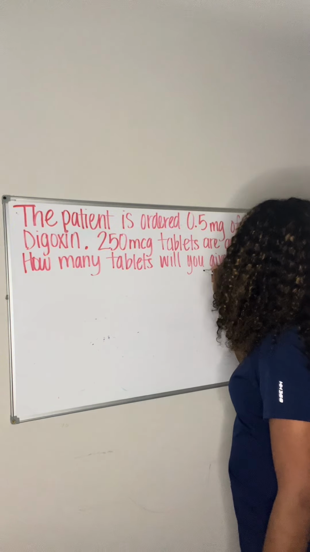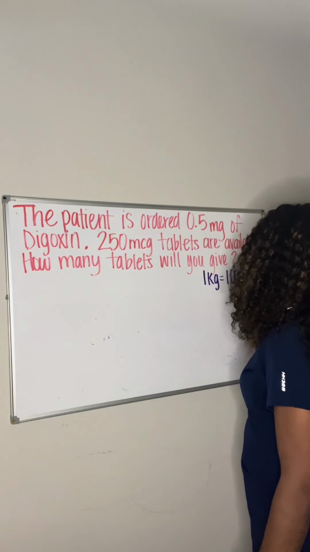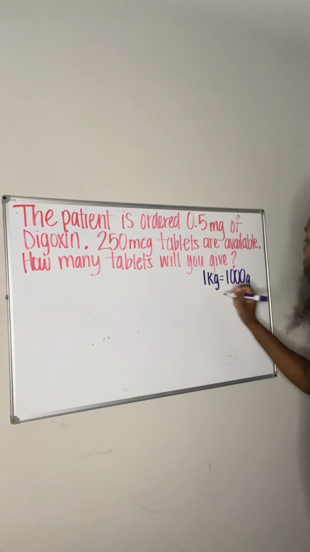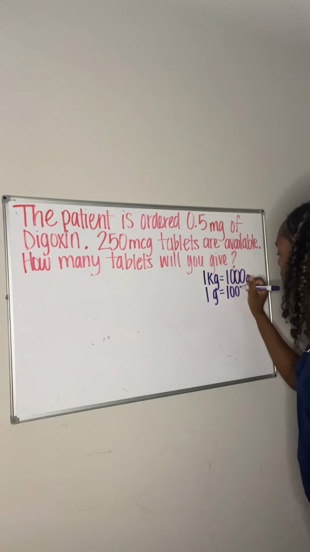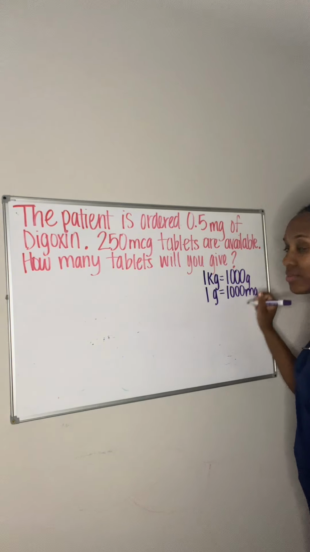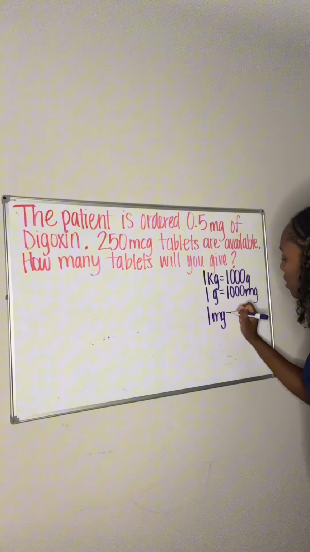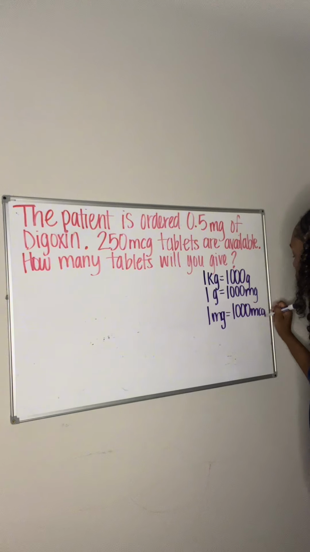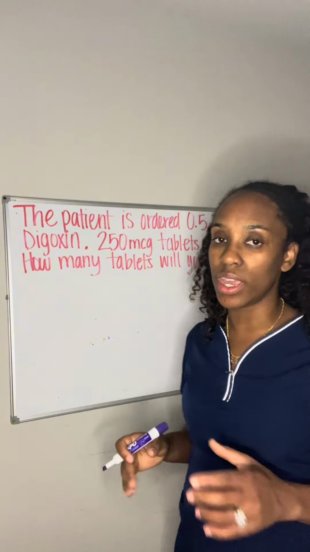So the first one is going to be 1 kilogram equals 1,000 grams. 1 gram equals 1,000 milligrams. And then 1 milligram equals 1,000 micrograms.